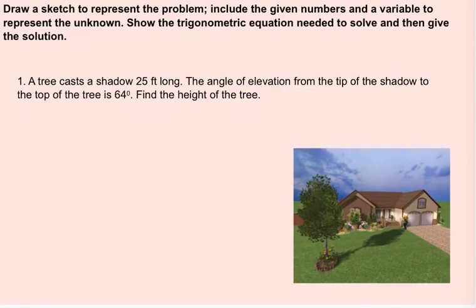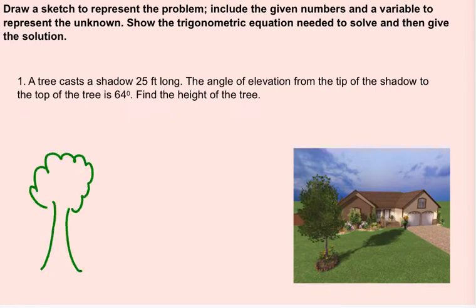All right, so draw a sketch to represent the problem, include the given numbers and a variable to represent the unknown, show the trig equation needed to solve, and then give the solution. So a tree casts a shadow 25 feet long. The angle of elevation, ding, ding, ding, there's keywords right there, from the tip of the shadow to the top of the tree is 64 degrees. Find the height of the tree. All right, so we'll draw. Here's the tree.